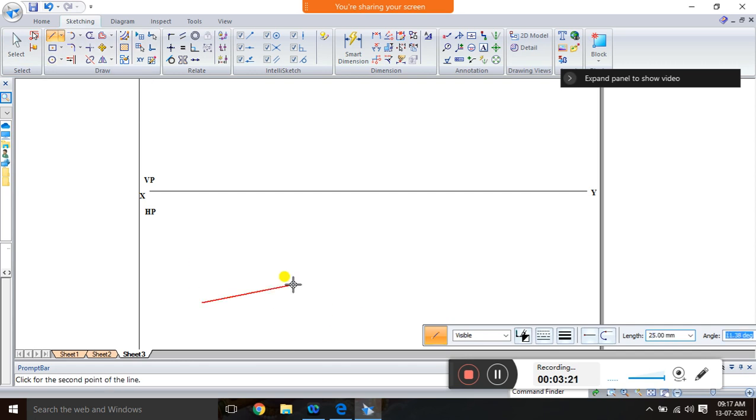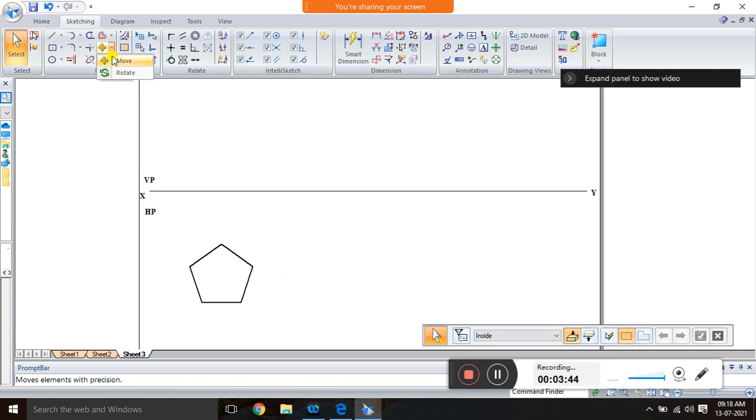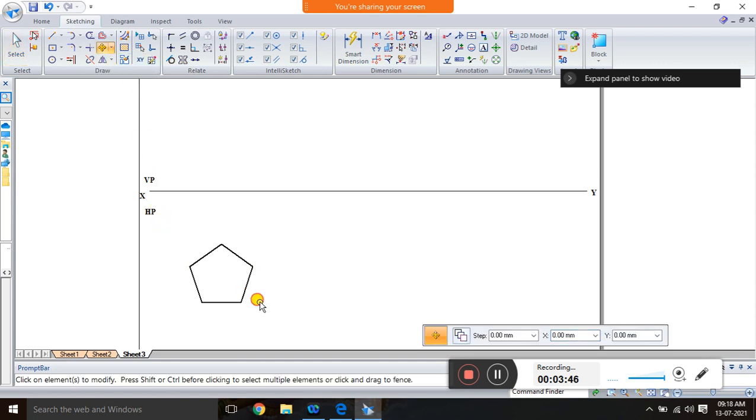So length is 25 mm, so 0 angle 25 mm, then 72 degree 25 mm, 72 into 2 and 25 mm, 72 into 3 and 25 mm, 72 into 4. Okay, like this you have to construct, then select this and rotate.